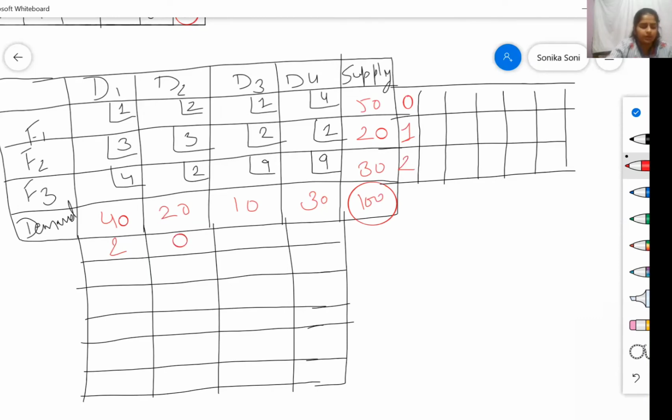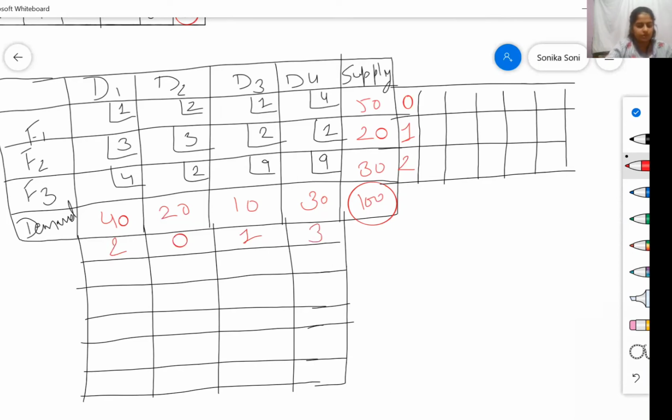In the D3 column we have 1 and 2 as the lowest costs, so the difference is 1. In the D4 column, we have 1 and 4 as the lowest costs, in F2D4 and F1D4, so the difference is 3.